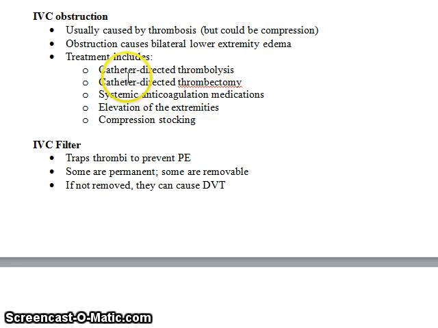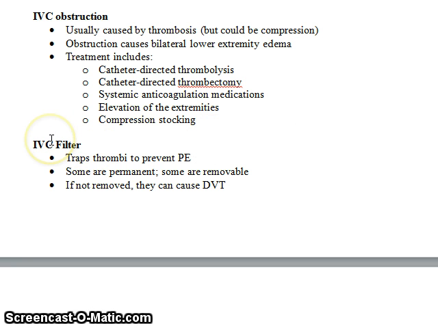These can be catheter directed, meaning the catheter is put right to the thrombus, or systemic, meaning throughout the whole body. So these medications would be given through a peripheral IV, like in your antecubital area or something. Elevation of the extremities and compression stockings.